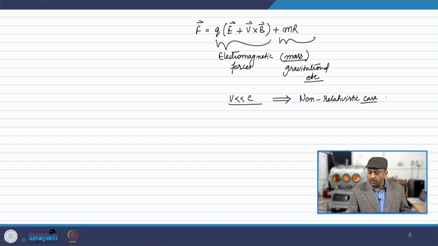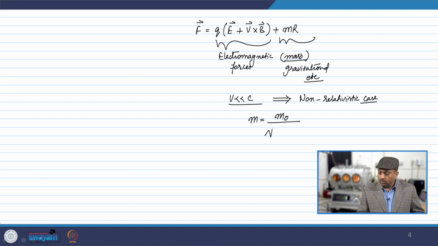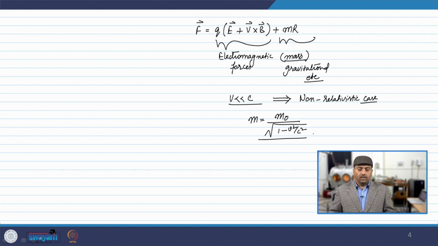So, we are not going to look at the limits when the velocity of the particle is nearing the velocity of light, because then you have mass which is m naught by square root of 1 minus v square by c square. Okay. So, what have we done so far? We have realized plasma descriptions can be in 3 different ways, and we have picked up the first case in which plasma is very rarefied.